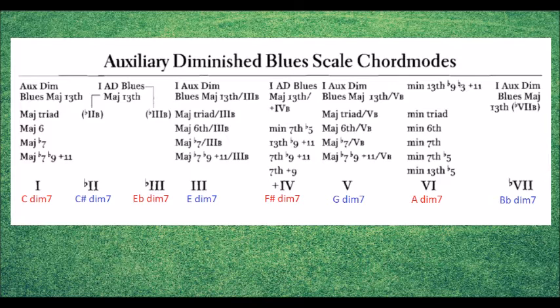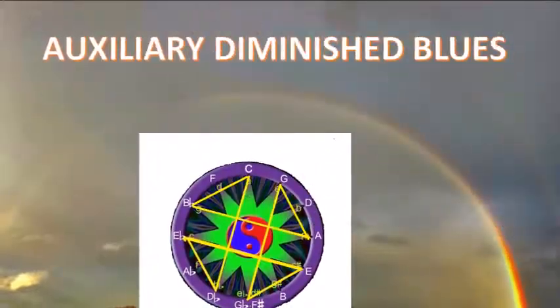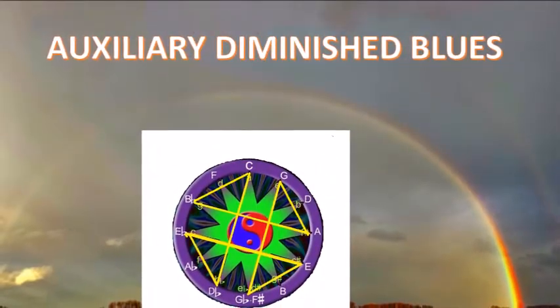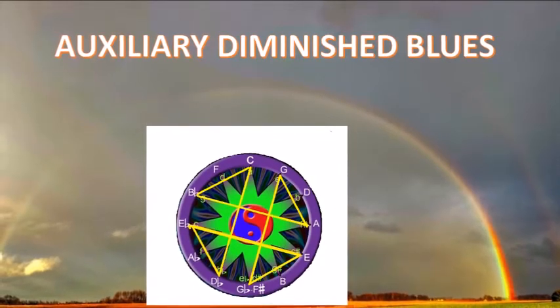You can start the scale on any degree and you can play over any of these diminished chords and it will sound beautiful. This is because there are only 3 diminished scales, and diminished chords are like portals or stargates or wormholes. They can take you anywhere if you know the coordinates. That is, if you know how to use them.